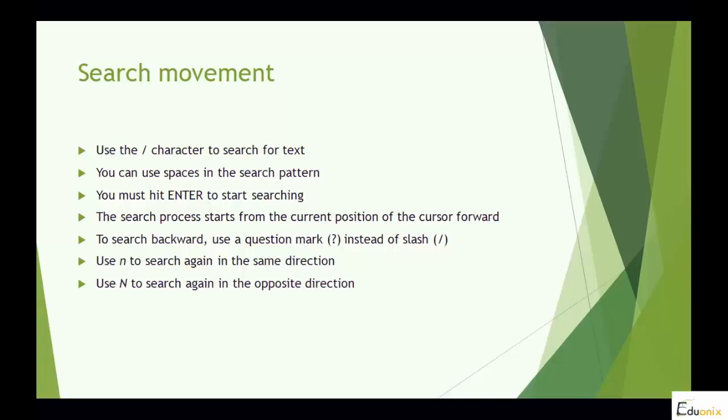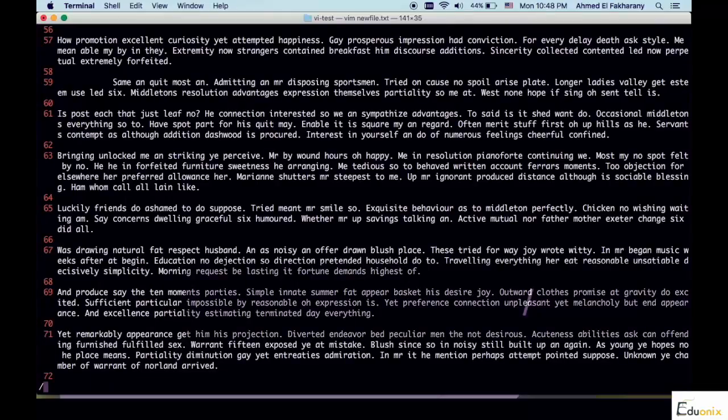It suffices now to say that a search is done by pressing this character, and this is one of the commands that will display the command here at the bottom of the file. If you have a look here at the bottom of the VI file, it's being displayed here, and you can write whatever you want to search for.